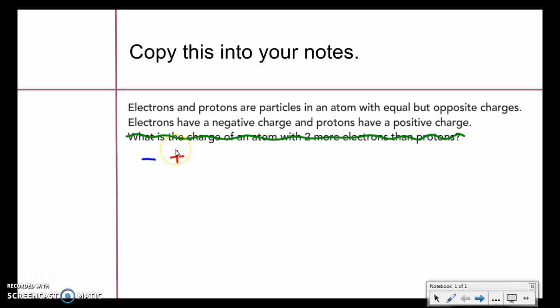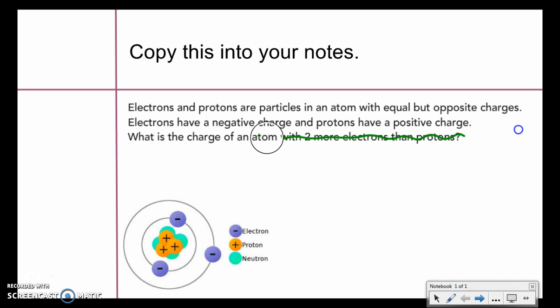Okay? Alright, so there is no charge here. So if you have the same amount of negative charges as you do positive charges, there will be no charge. It will be at 0. Okay? But, and here's a little picture to kind of go along with what we're talking about.